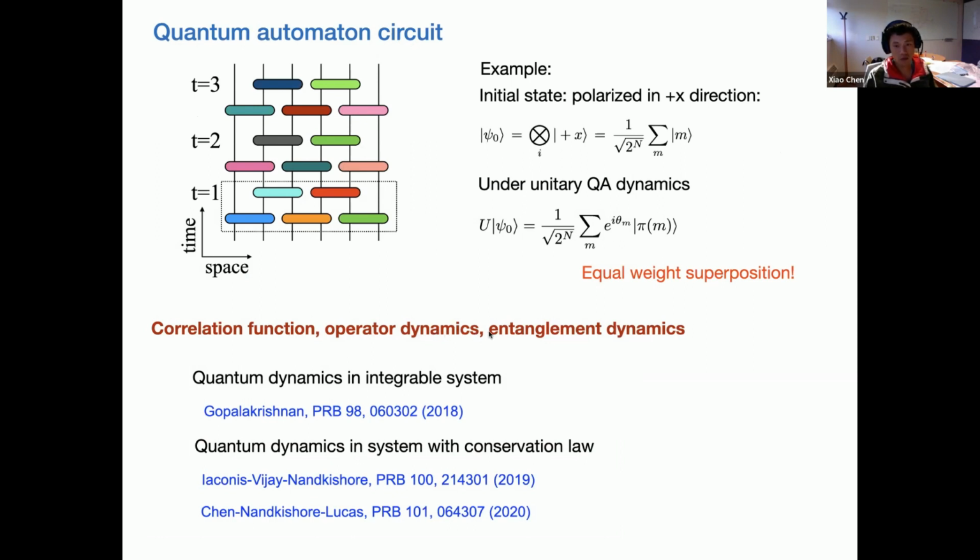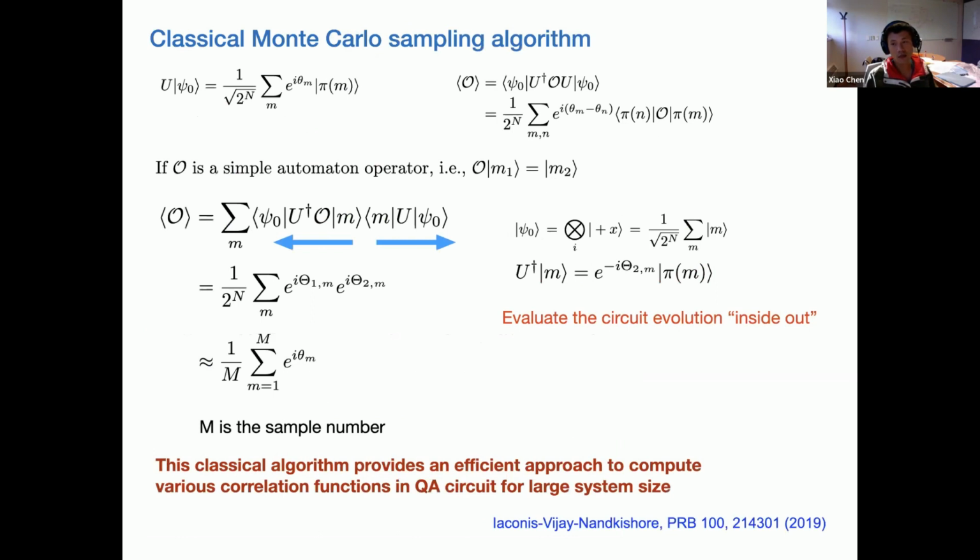It's a very useful tool because this circuit can provide some very efficient algorithms. If we compute some physical observables that map to some classical Monte Carlo, we can use a classical Monte Carlo sampling algorithm to compute this physical observable efficiently, because the wave function is an equal weight superposition of quantum states.